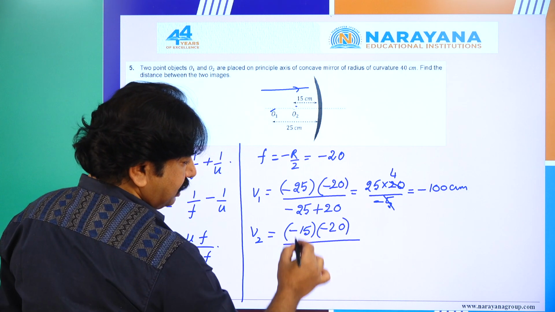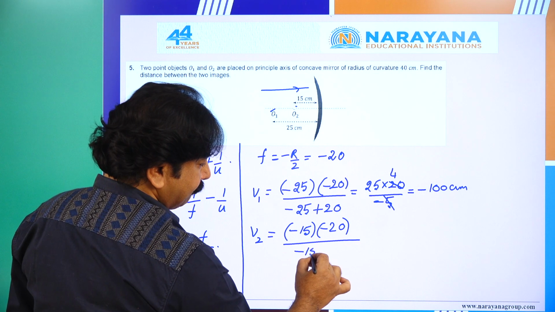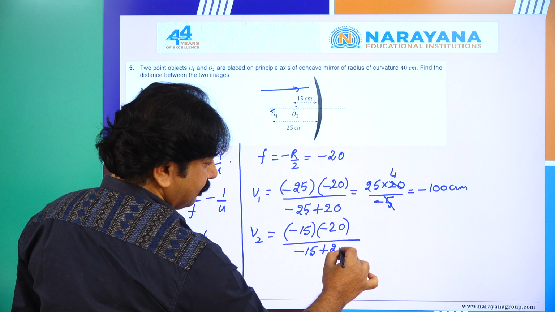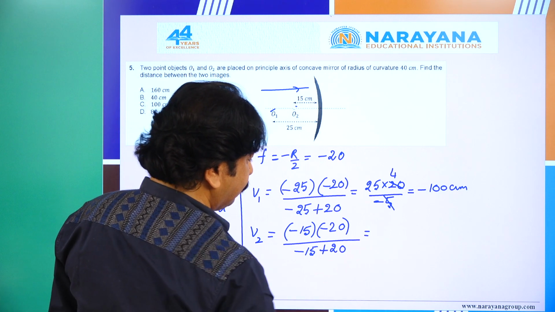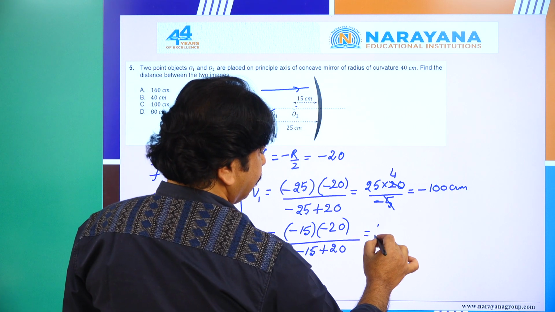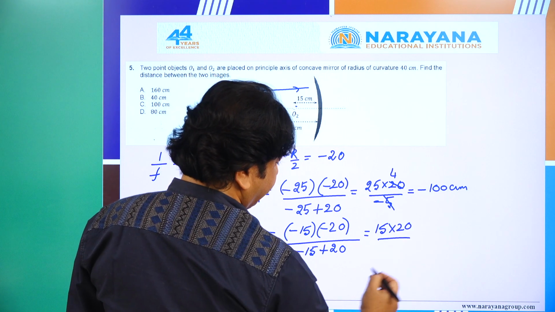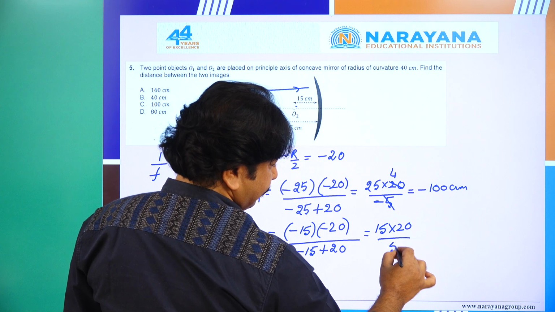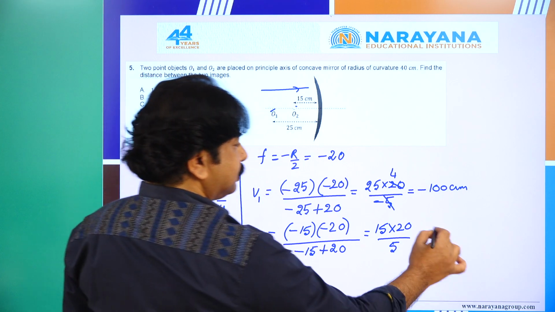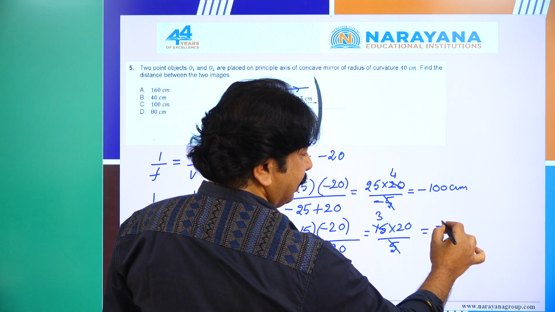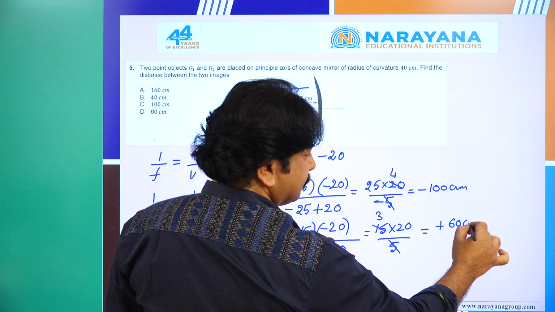Here, minus of 15 minus of minus plus 20 only. Total v is equal to, here also you can write 15 into 20 by plus 5 only. So this is 3 times, we are getting plus 60 centimeters only.